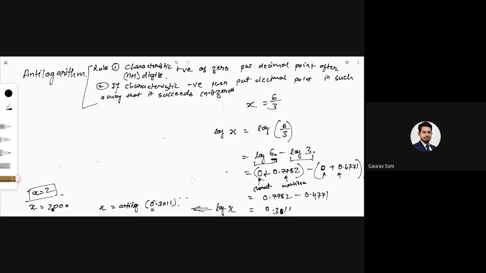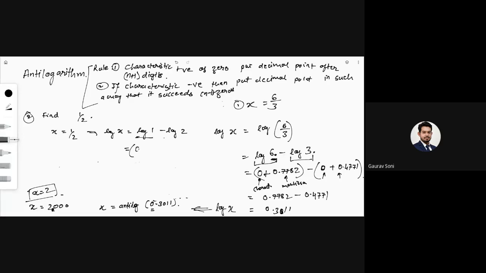This is our example number 2. Find 3 by 6, or 1 by 2 for an example. So let x is equal to 1 by 2. I'll take log on both sides. Log x is equal to log of 1 minus log of 2. Log of 1: the characteristic for this is 0.